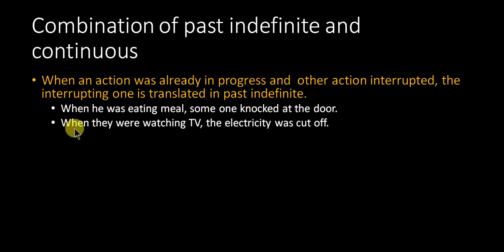Understand? So all these two examples show that when an action was already in progress and the other action interrupted, the interrupting one is translated into past indefinite. In the first example, someone knocked at the door, this interrupted, and in the second example, the electricity was cut off, here this action interrupted.